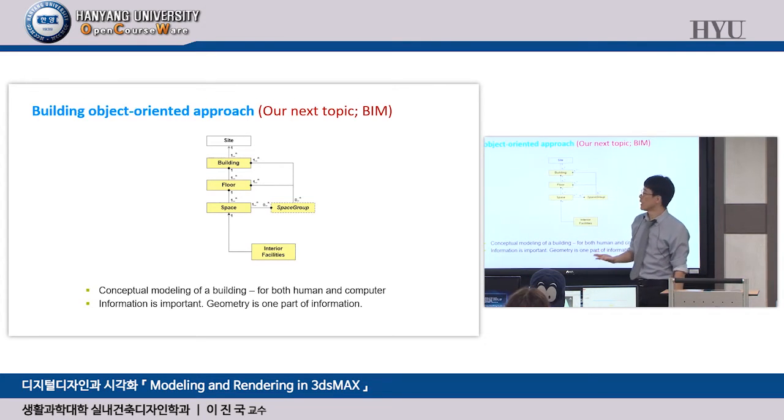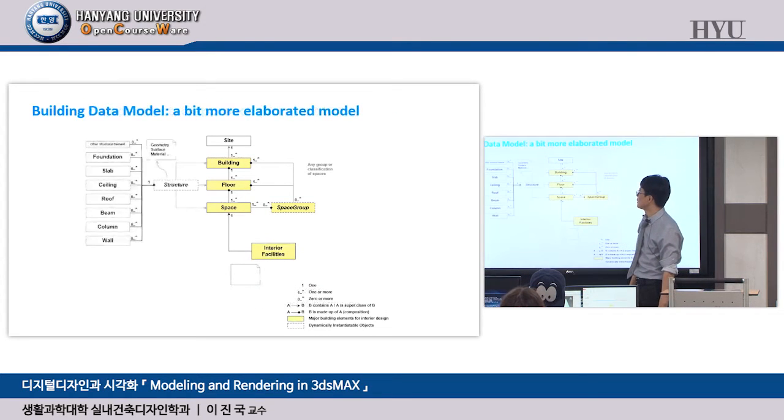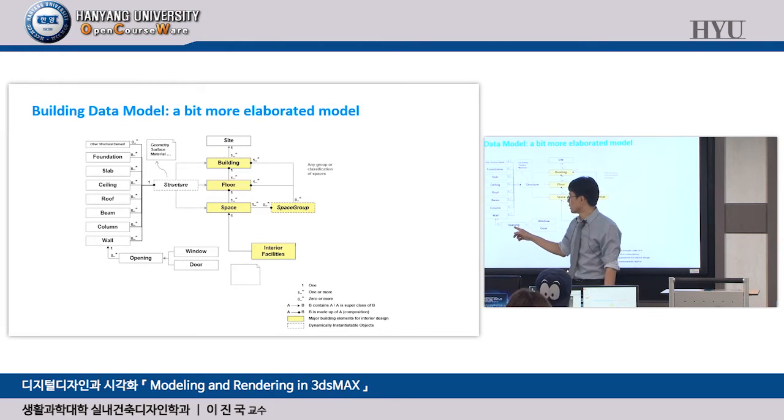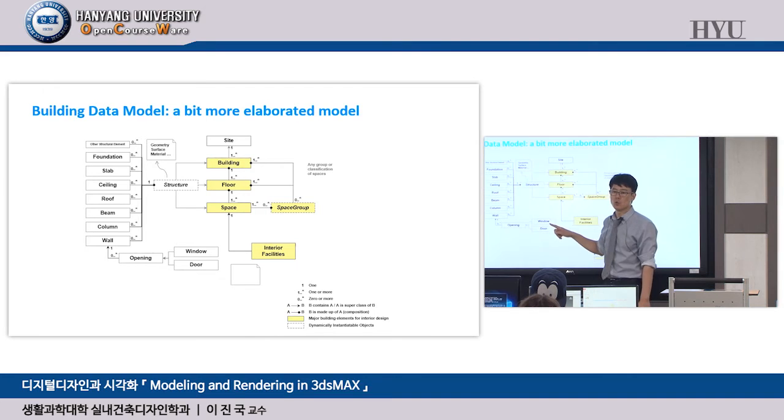But in the real world, there are lots of structures: slab, ceiling, roof, beam, column, foundation. They are all visible objects, so-called structure. How about openings? An opening could be one part of a wall. When you have an opening, you can place windows or doors.